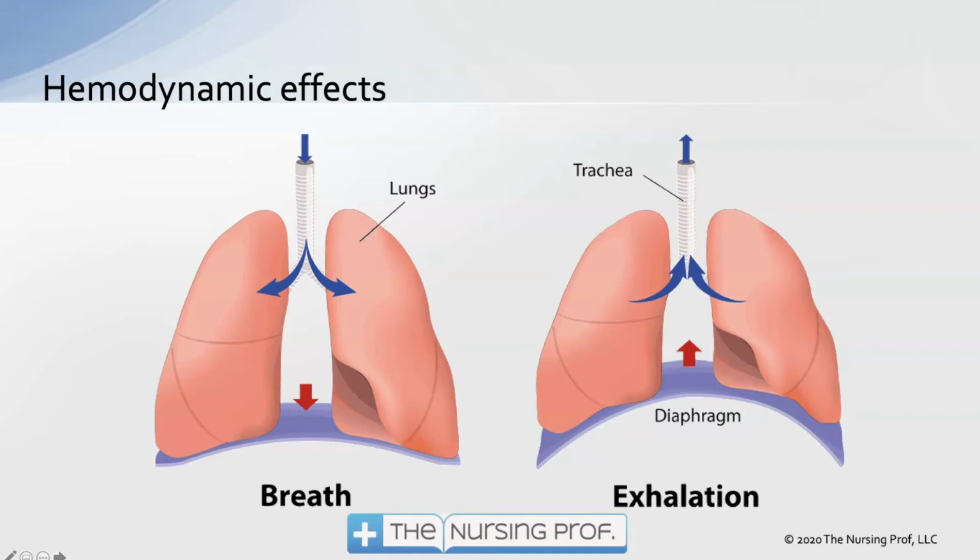Hemodynamic effects of breathing. This is normal breathing here. So we have a normal breath where the diaphragm drops, chest wall expands. We have negative pressure that's pulling the air in. And then on exhalation, you see the diaphragm is relaxing. And interestingly, the diaphragm, when it's relaxed, is curved.